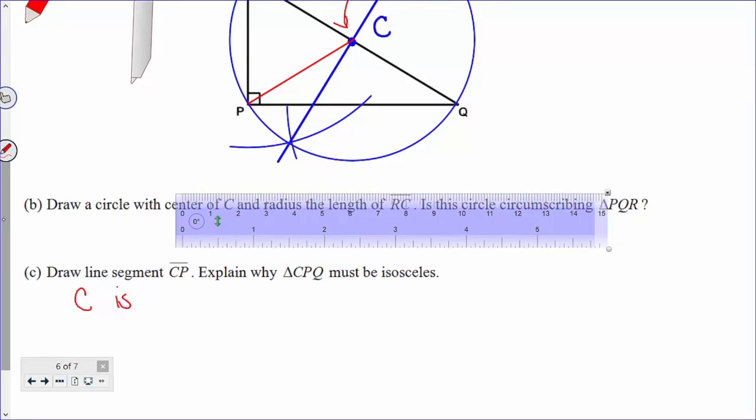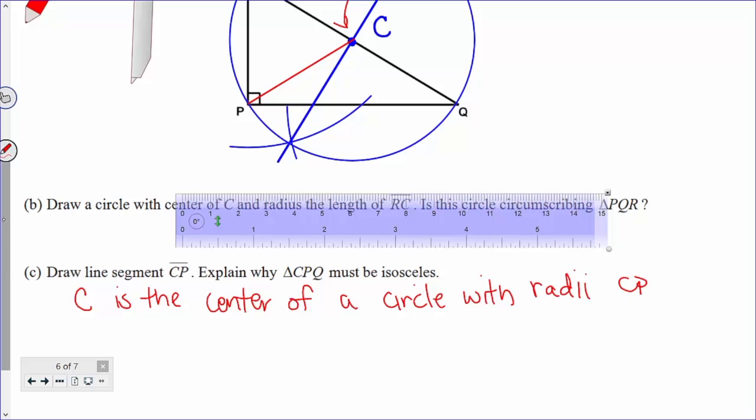C is the center of a circle with radii, I love a word with two I's in a row, with radii CP and CQ, which must be the same length. Right? All radii of a given circle are the same length.